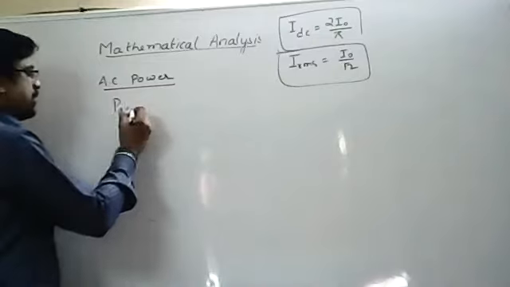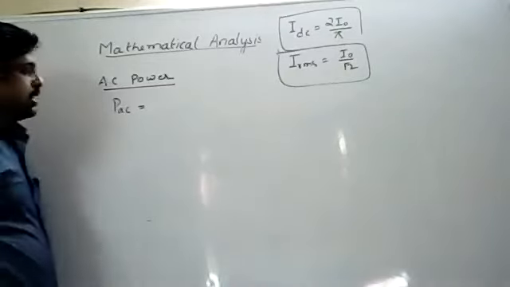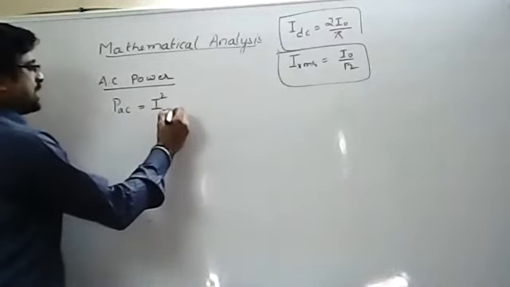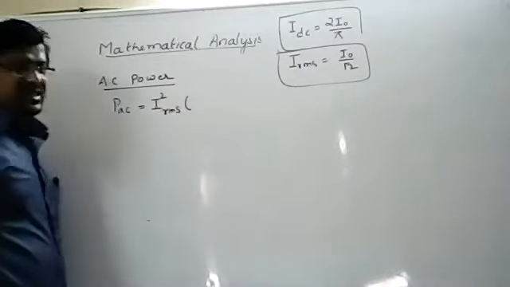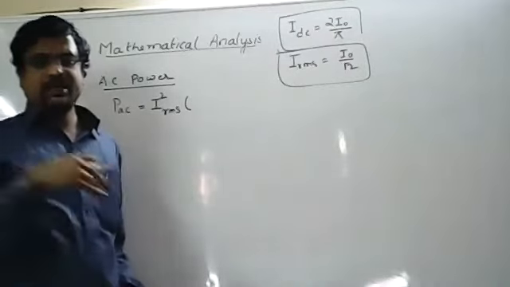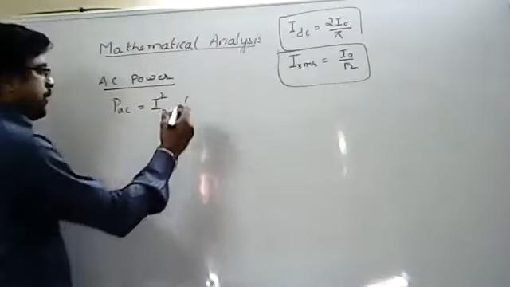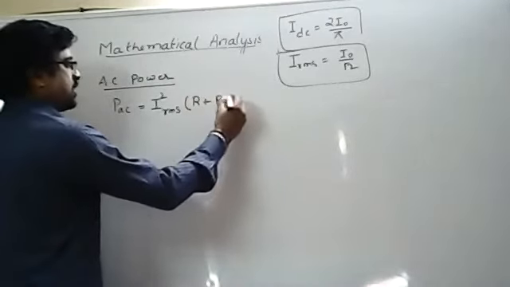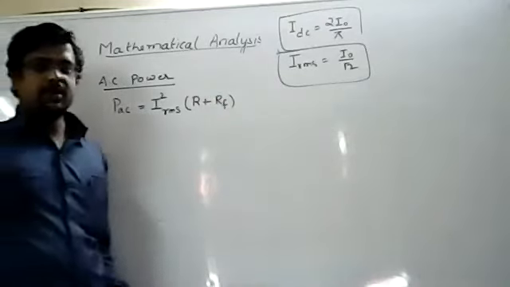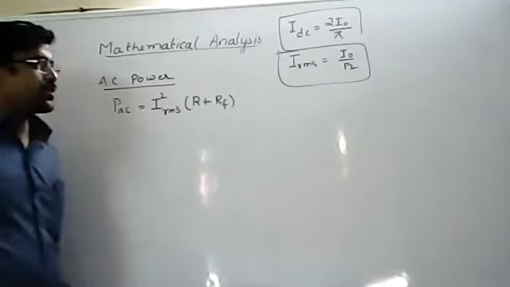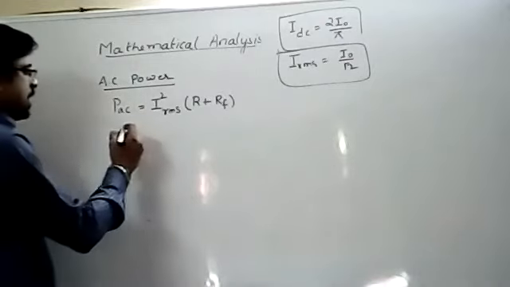Same formula which you used for half wave rectifier. Since it is AC, I square RMS into R, the output resistance, plus RF, the forward or dynamic resistance of the diode. PAC is equal to I square RMS into R plus RF.